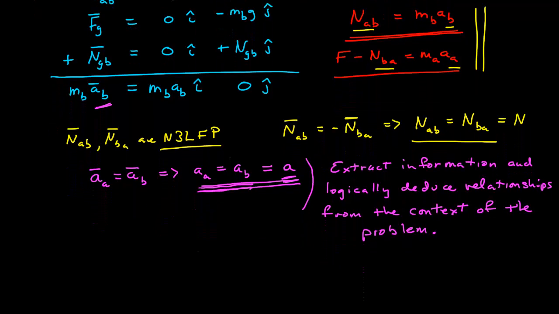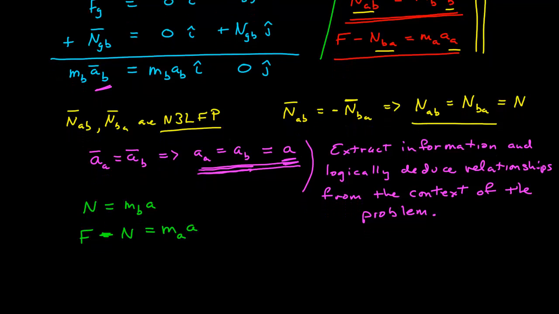All right, so now we can use these two equations to substitute into the equations that we got from Newton's second law. And we have that N is equal to m_B times a, and F minus N is equal to the mass of A times the acceleration.